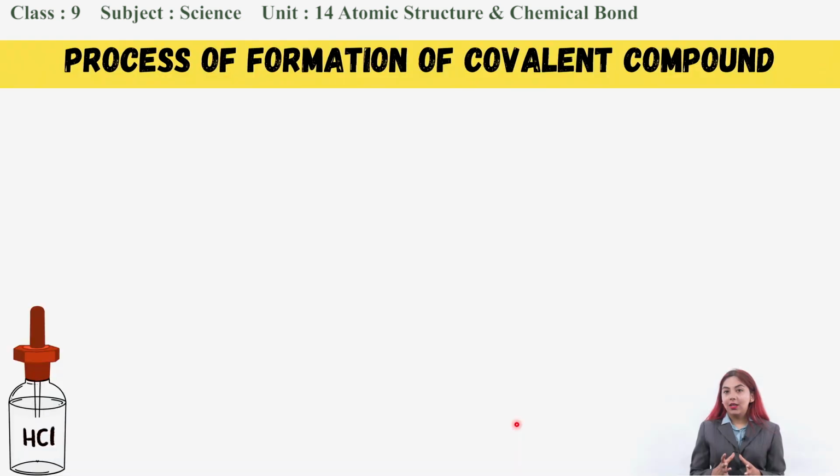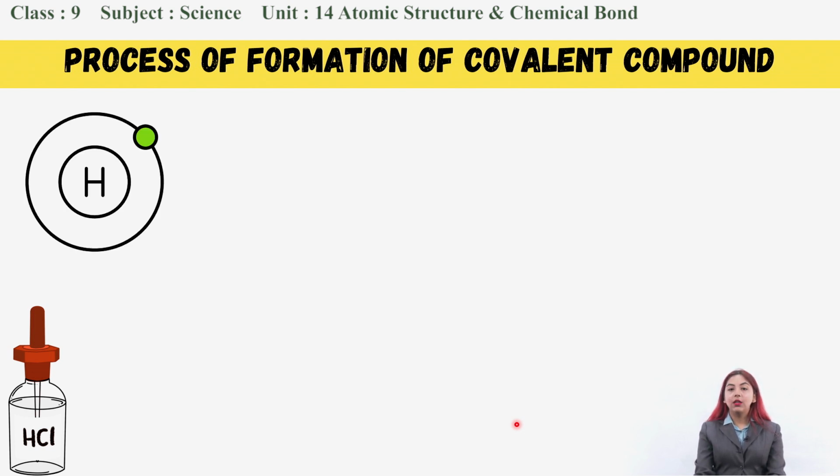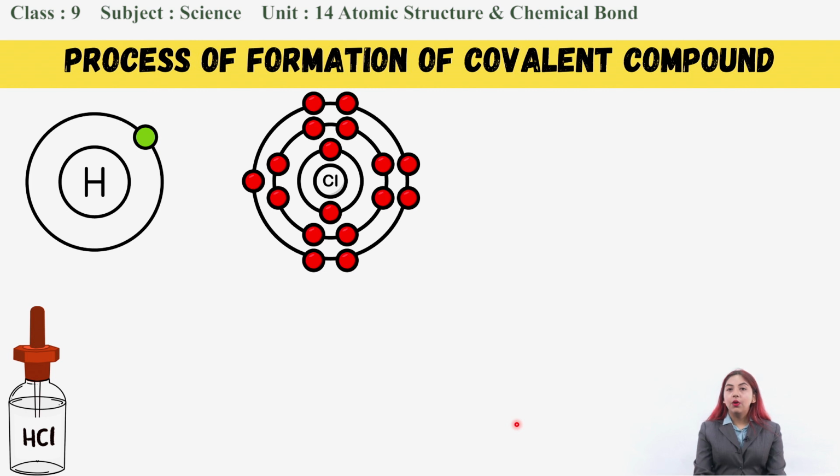Now, let us study another example of a covalent compound and see how it forms. Hydrochloric acid has the molecular formula HCl. So, it consists of a hydrogen atom and a chlorine atom. The hydrogen atom contains a single electron in its outermost orbit, and since chlorine has a total of 17 electrons, it contains 7 electrons in its outermost orbit.